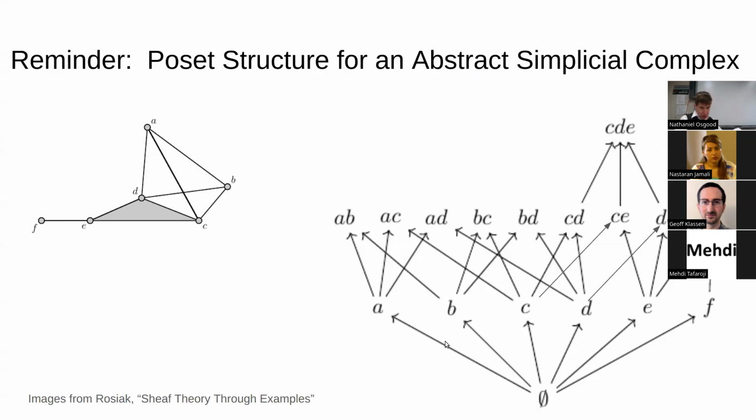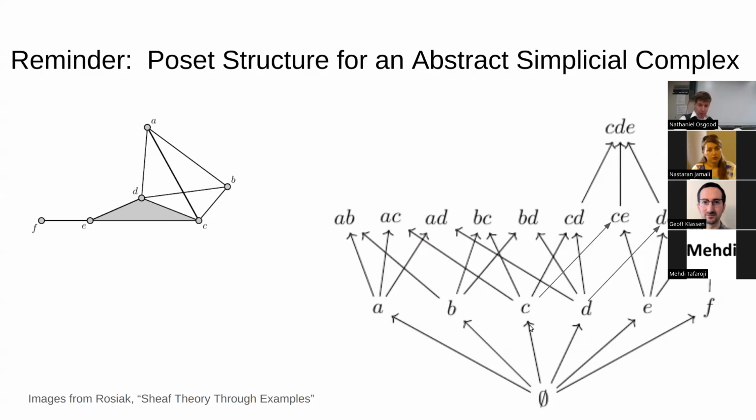So each cell, like C, gets data associated with it, F of C, right? Together with, I call it linear transformation because we're dealing with vector spaces, a map from F of C to F of the edge of which it is part, AC.